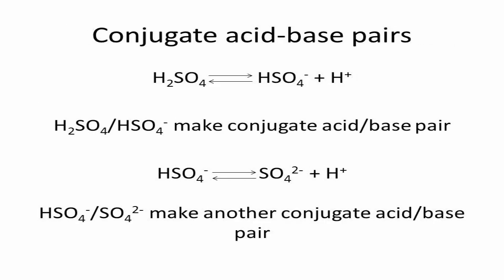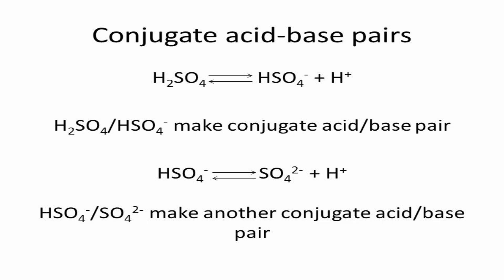A very important notion of this theory is conjugate acid-base pairs. When an acid loses a proton, it also makes a compound that can accept a proton, and a compound accepting a proton is a base.